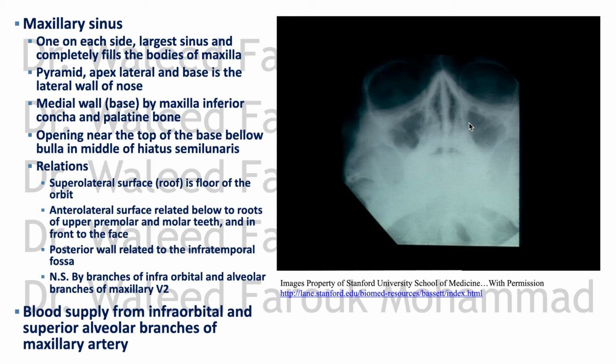This is the one that remains chronic for a long time because the infected fluid accumulating inside the sinus has to build up before it drains into the lateral wall of the nose, because the opening is high up on the medial side. Got the idea? So infectious mucus may accumulate before it drains. That's why it gets chronic.